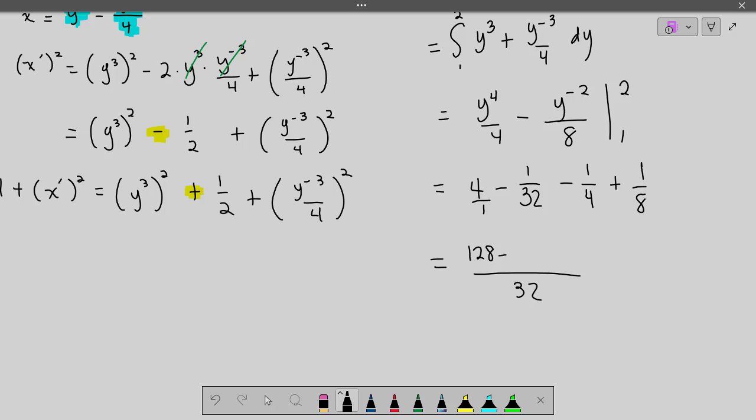This one gets multiplied by nothing. That gets multiplied by 8, that gets multiplied by 4. So whatever that simplifies to, 124 minus 1, 123, divided by 32. So that'll be our arc length.